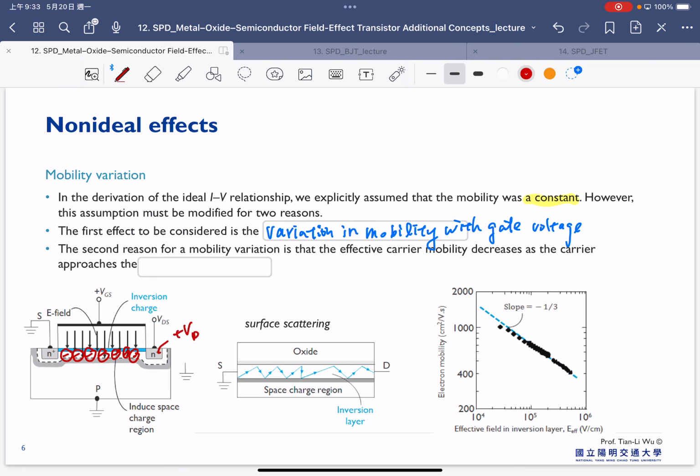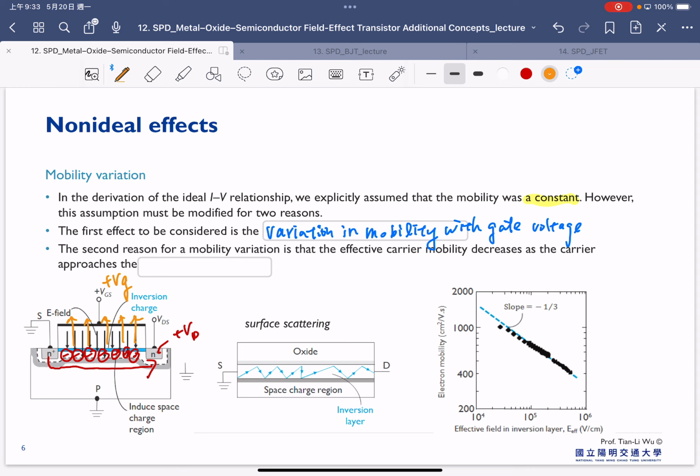So in this case, the electrons flow from the source to the drain side because of the positive drain bias. But in reality, once we apply a large enough gate bias, the electrons will also be attracted to the dielectric, because we also apply the gate bias.